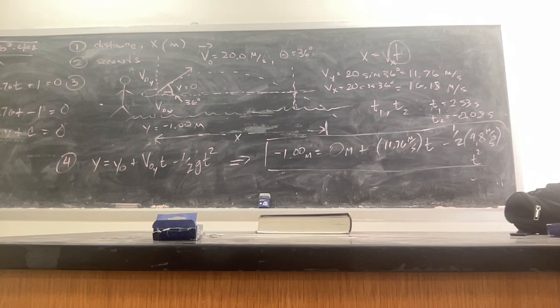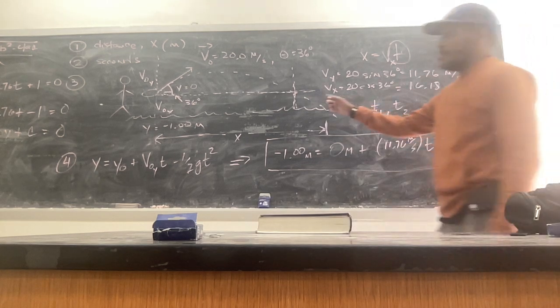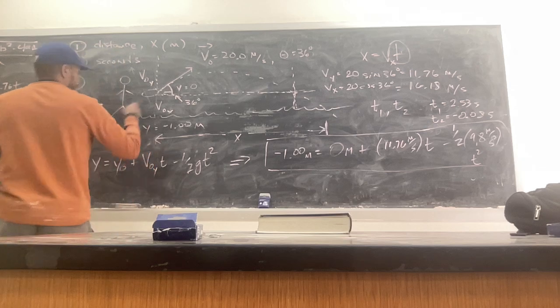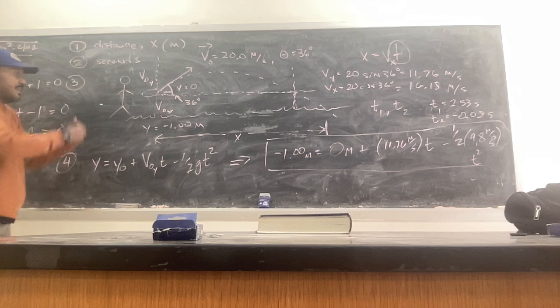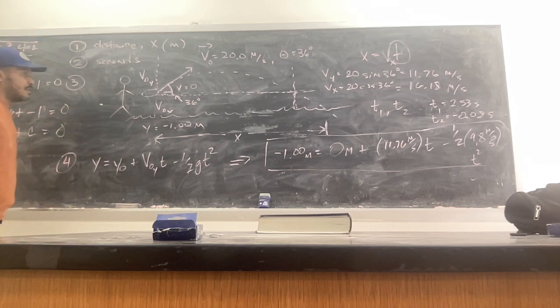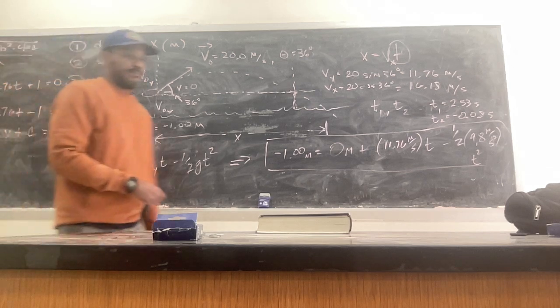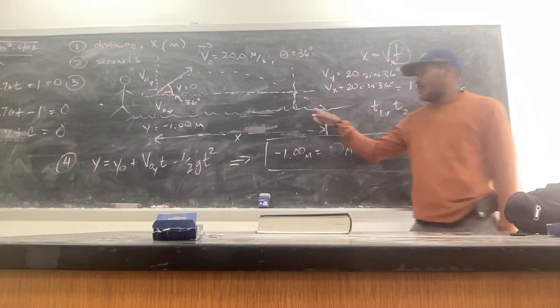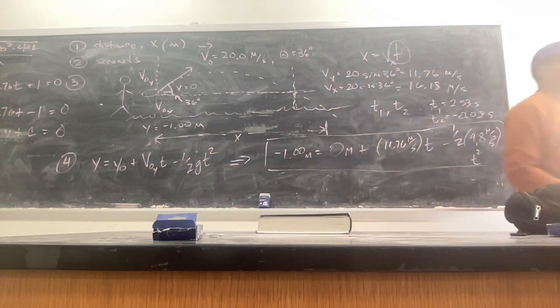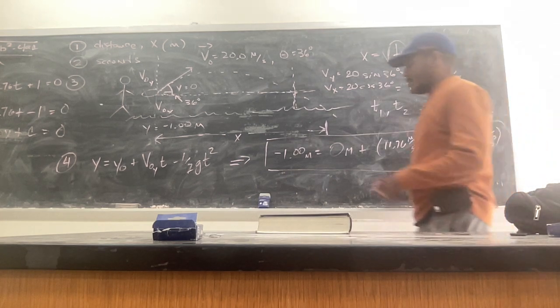But if this situation were different, and instead of the guy kicking it from 1 meter above the ground, let's say he threw it from his shoulder, and we made the ground be 0. And we made his shoulder be whatever height it is above the ground. Follow me?